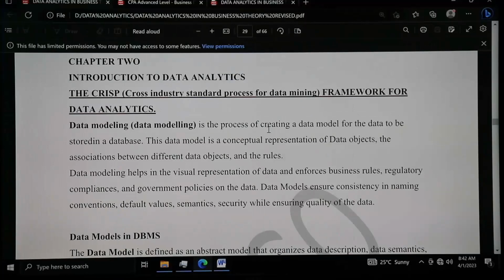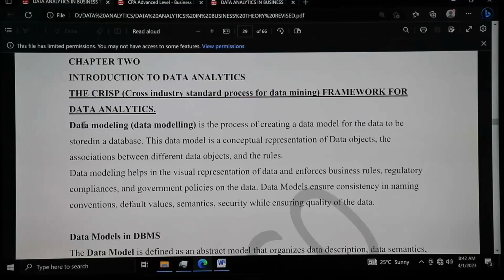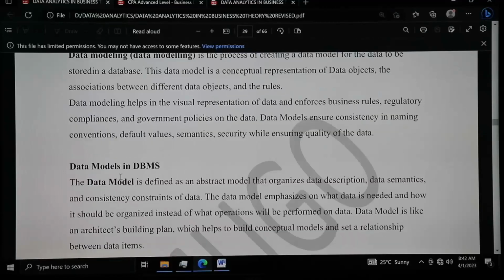Before data is stored in a database, it has to be prepared, it has to be created. The creation of data will not just happen as a single process. It involves a series of stages. What we are referring to as data modeling is a series of 3 stages that you're going to check here. And the end of this data modeling will help us to come up with a data model.